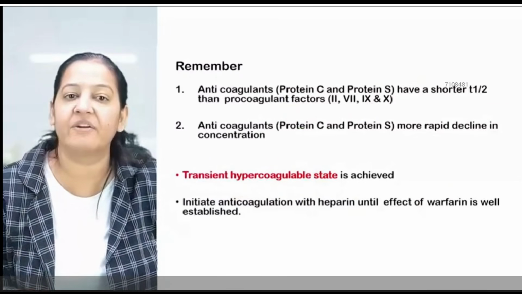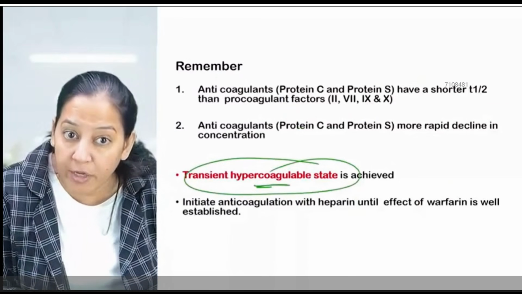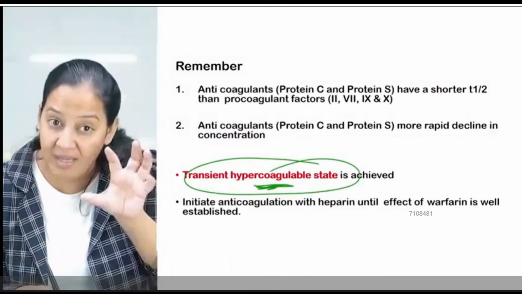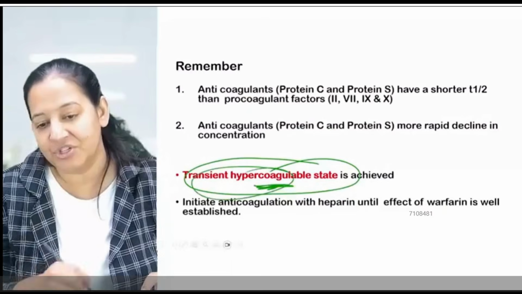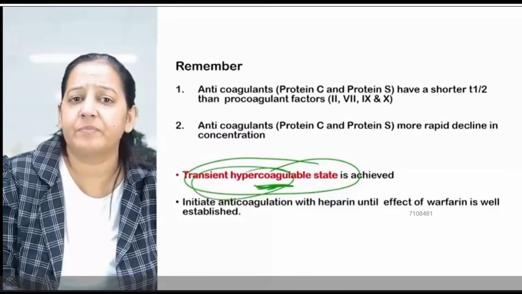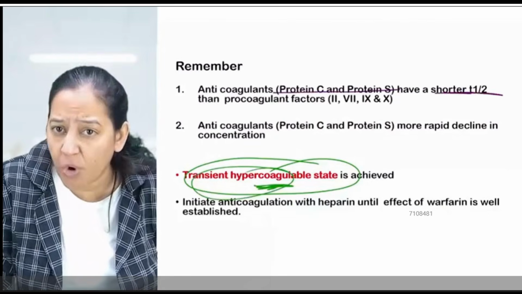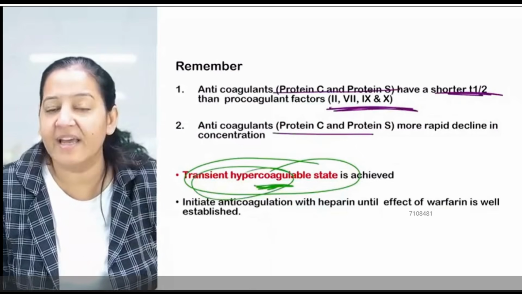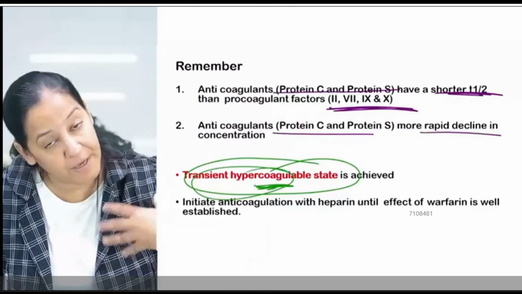So when we take warfarin, first there is transient coagulation followed by anticoagulation. We say it's an anticoagulant, yes, but transiently it's a coagulant. This question comes in your exam. I don't know whether you got it or not. Protein C and S have a shorter half-life as compared to factor 2, 7, 9, 10. That's why protein C and S have a rapid decline as compared to them.